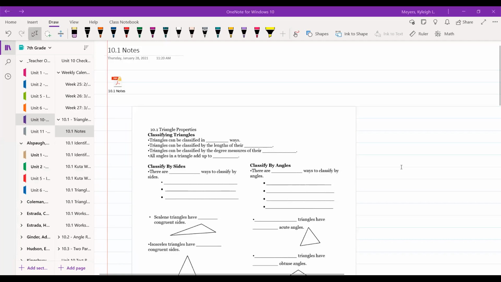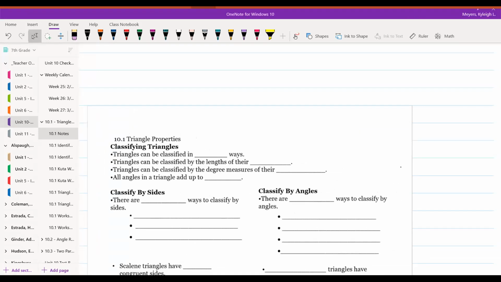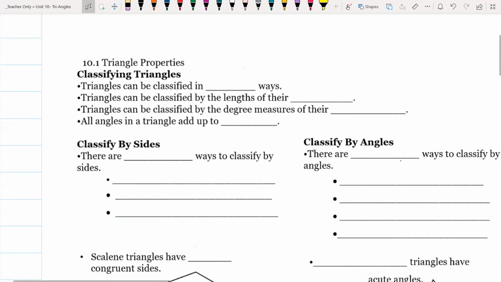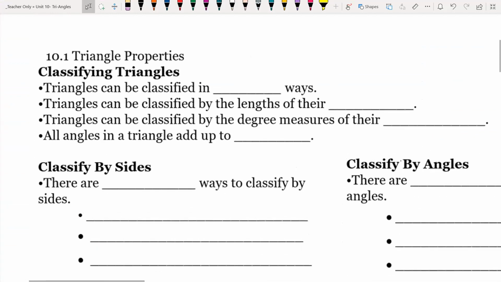All right, so 10.1 is all about triangle properties. First thing we're going to do is figure out how many different ways we can classify them. We can classify triangles in two ways.